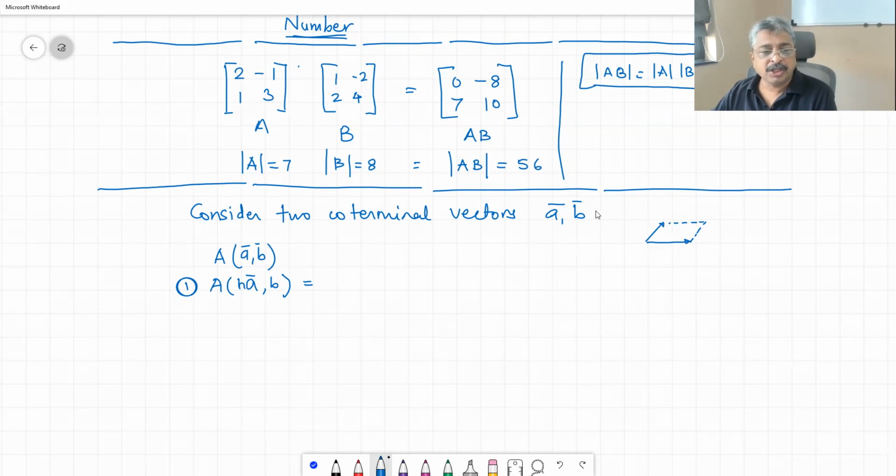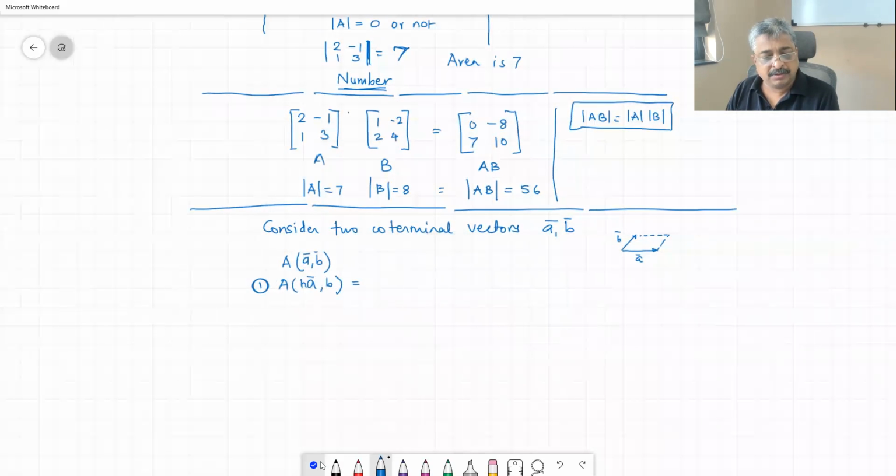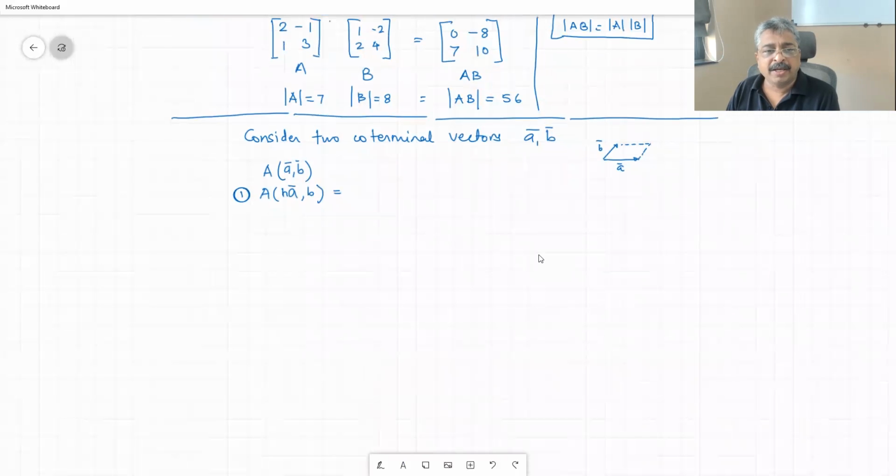That is what this notation is. Now let us say this is A and this is B. Now what we are trying to do is either stretch or compress A by a scalar H. Suppose we double it.